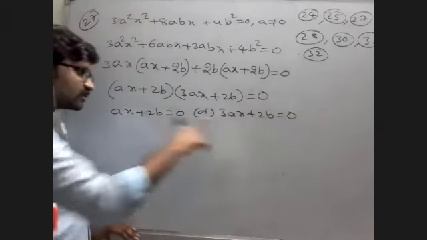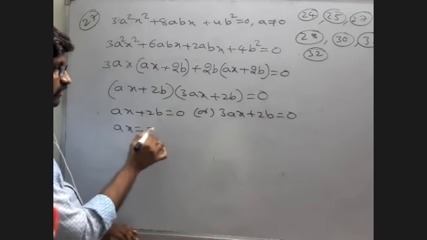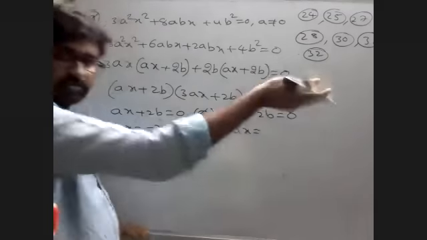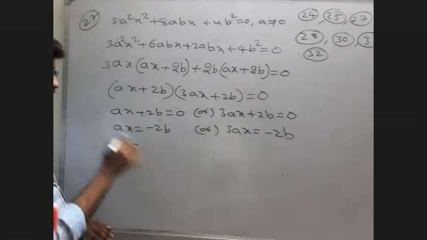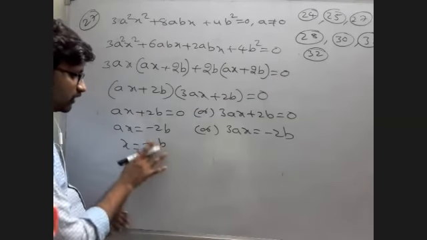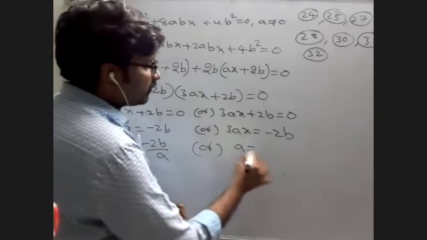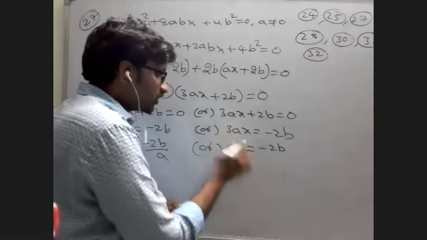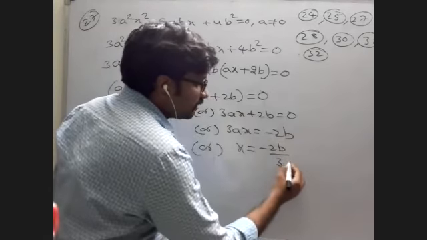Now we have to find what is x from these two. That is here ax is equal to, taking 2b that side, minus 2b, or 3ax is equal to, taking 2b that side, that will be minus 2b. Now we have to find x, na, so x is equal to, taking a that side, this will be denominator, minus 2b by a, or, and here x is equal to, taking 3a that side, it will be denominator, minus 2b by 3a.